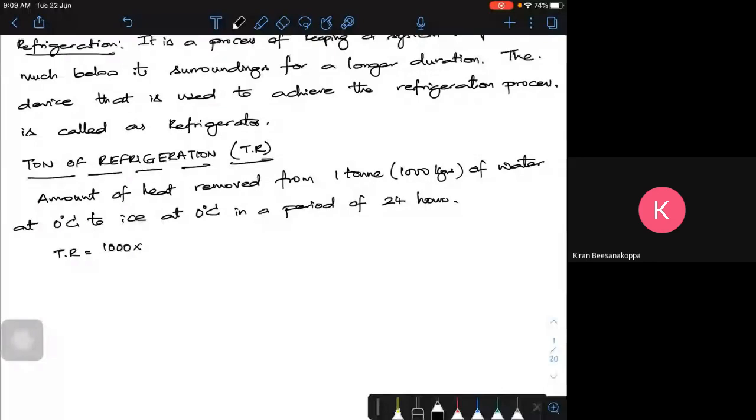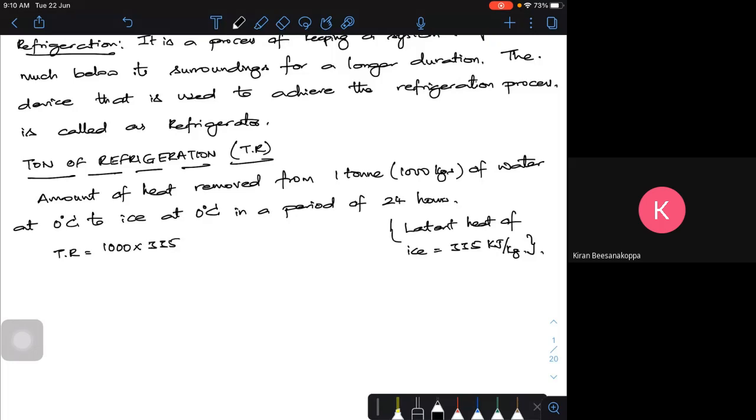The latent heat of ice, which is the internationally accepted value, is actually 335 kilojoules per kg. I think some books go with 334 point something, but we can round it up to 335. So what is the heat removed? 1000 kgs into 335.